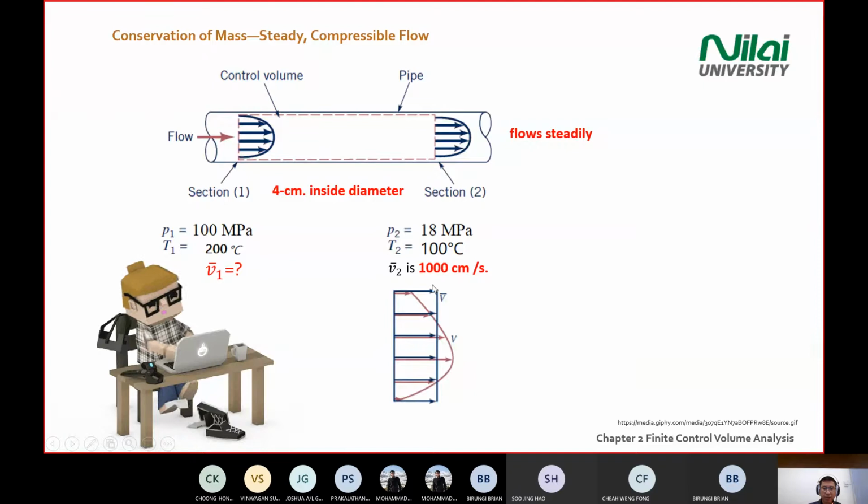We use the denotation V hat, V with a straight hat, which means the average velocity. It means we assume the non-uniform velocity in section 2 as uniform V. We transform the red color into the blue color so that we don't need to calculate the profile. We simplify the case.